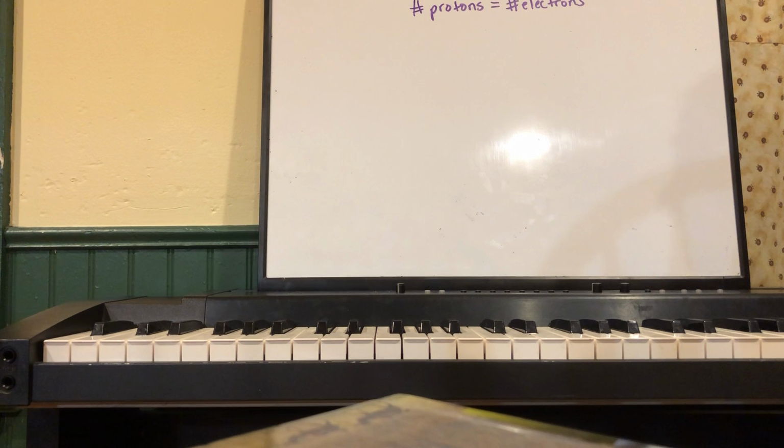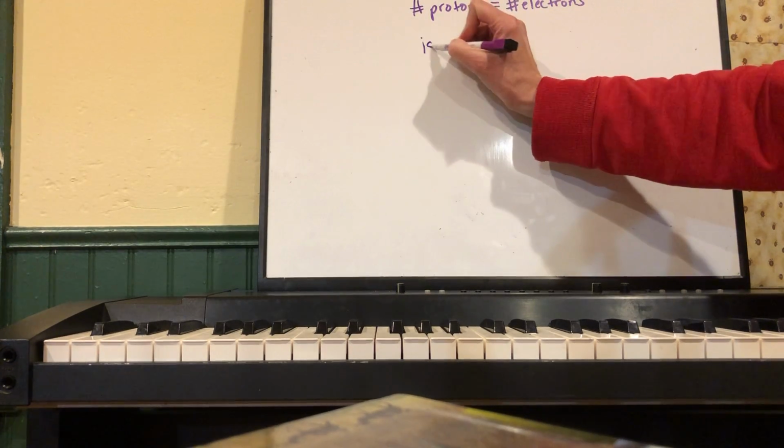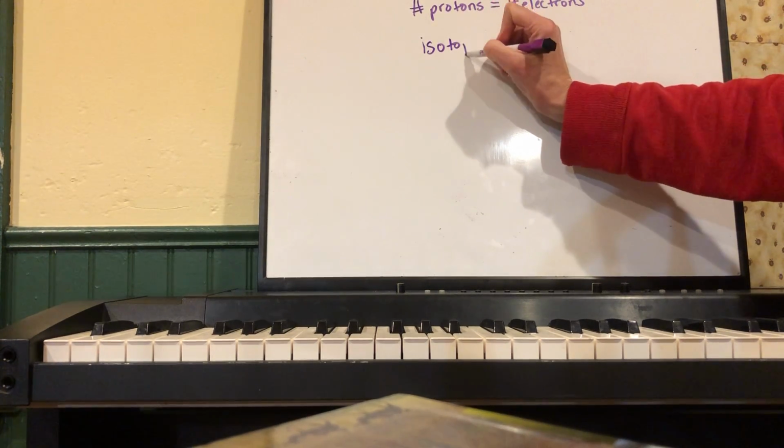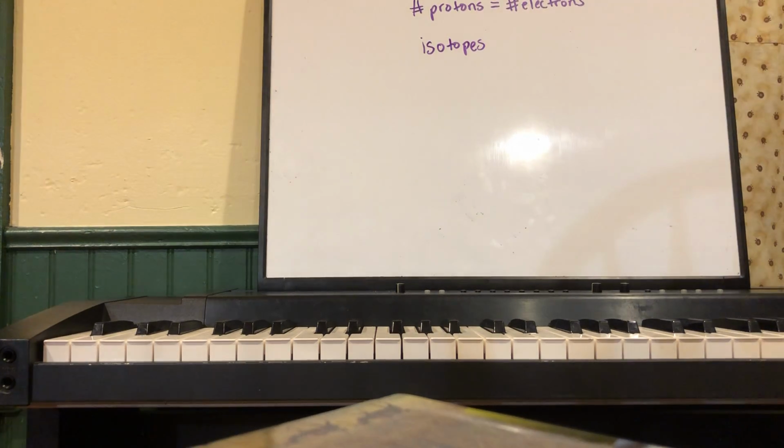And we have a name for that. When the same element has a different number of neutrons in the nucleus, they're called isotopes. Here's an example of isotopes. If we look at our periodic table, let's go back to page, what did I say that was on?